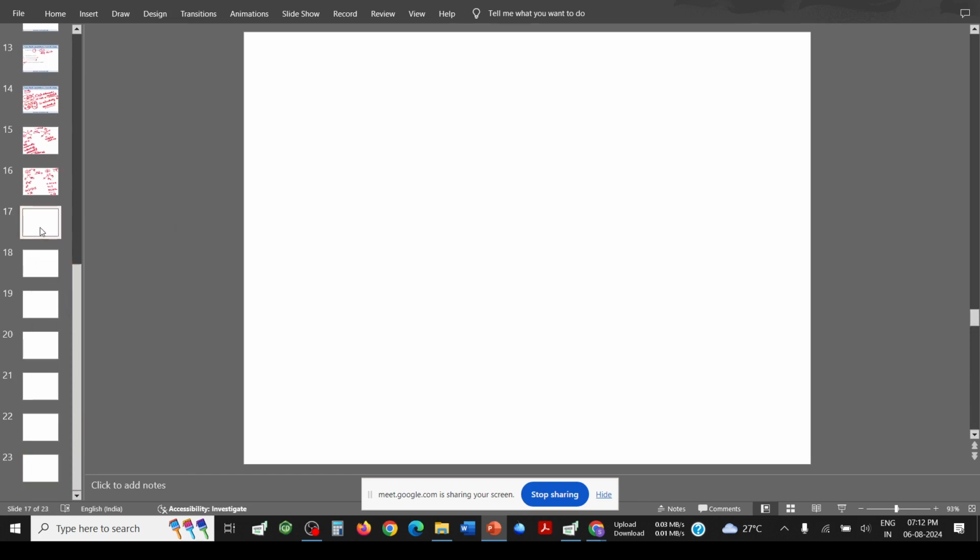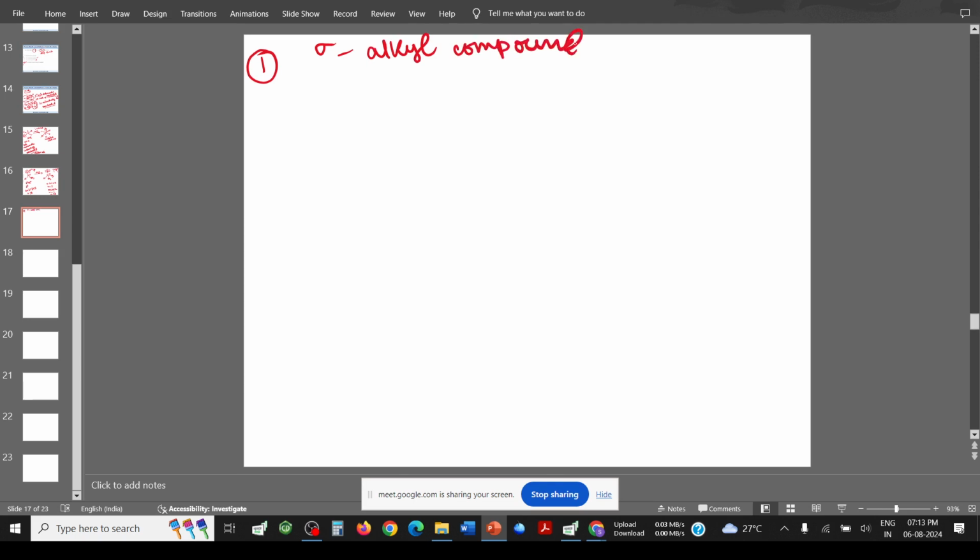So sigma alkyl complexes can be prepared in different methods. First method is the very simple method, which is the metathesis reaction, for the preparation of sigma alkyl complexes.